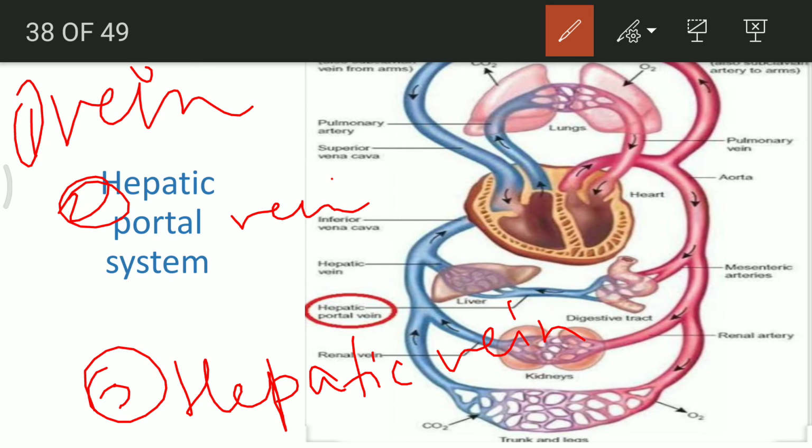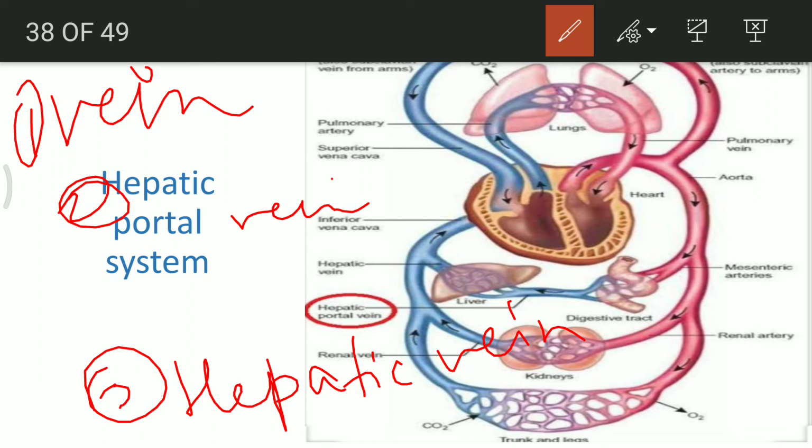That collection is done with the help of a vein, because the oxygenated blood is already exchanged for deoxygenated blood, and now the blood is deoxygenated and is to be collected by the vein. So the first thing that plays the role in the portal system is the large vein, which collects all the deoxygenated blood containing digested food. When I say digested food, it means the digested end products of the food. And finally, it collects it and sends it to the liver, where the hepatic portal vein is.